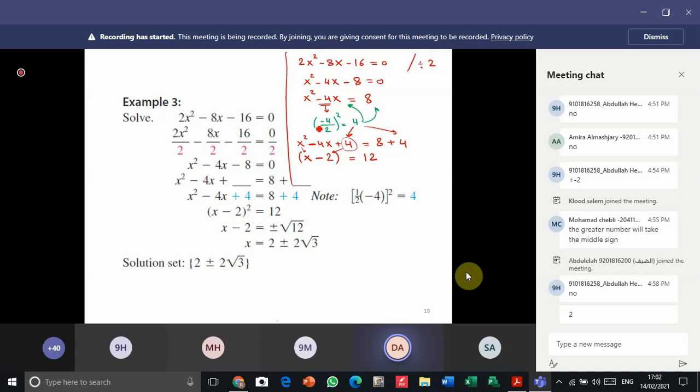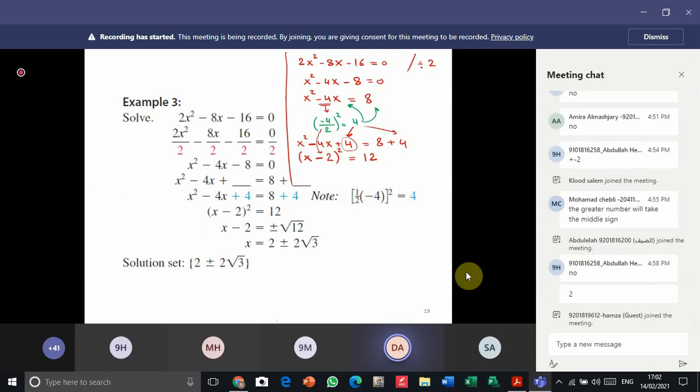What's the value inside the brackets without the square? Inside the brackets we have negative 2. Now this is squared. Okay? This is not x minus 2 only. This is x minus 2 squared. Now take the radical of both sides.